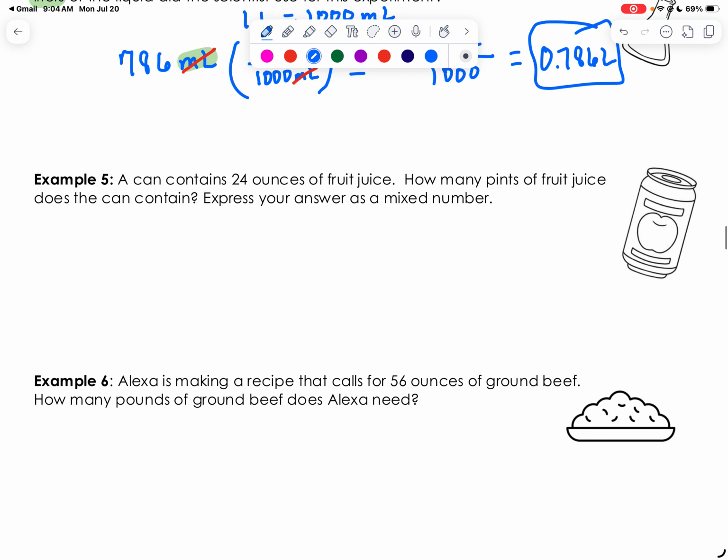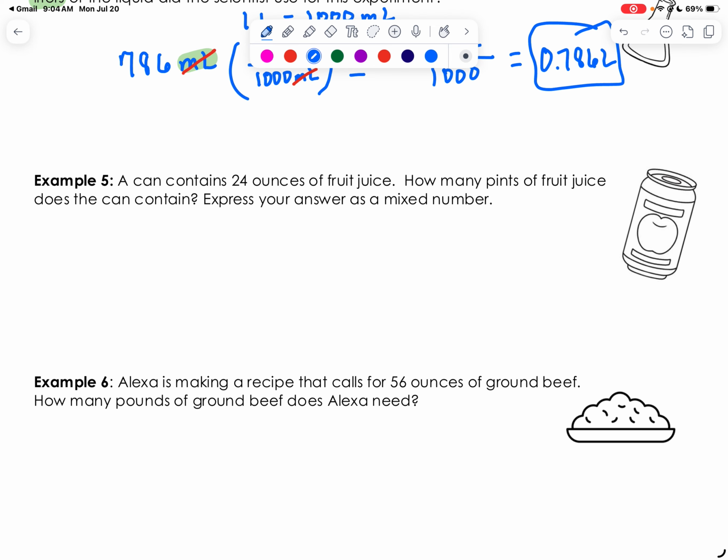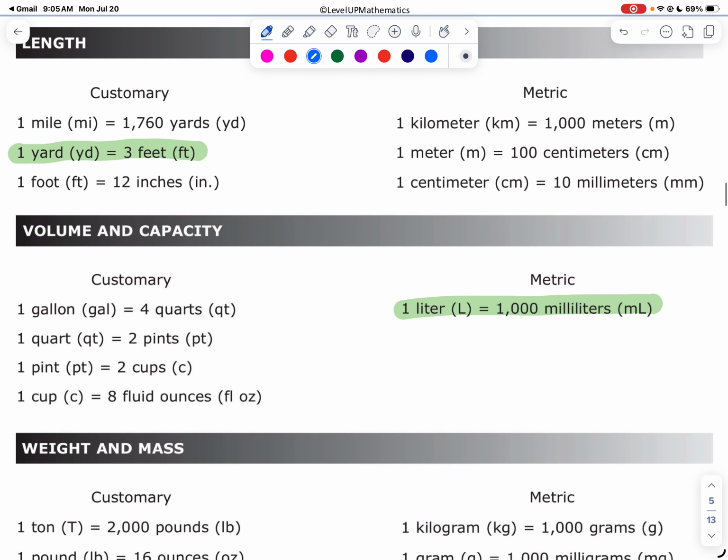All right, problem 5. A can contains 24 ounces of fruit juice. How many pints of fruit juice does the can contain? So we were given ounces, and we want to know how many pints is that. So let's go back and find our unit rates.